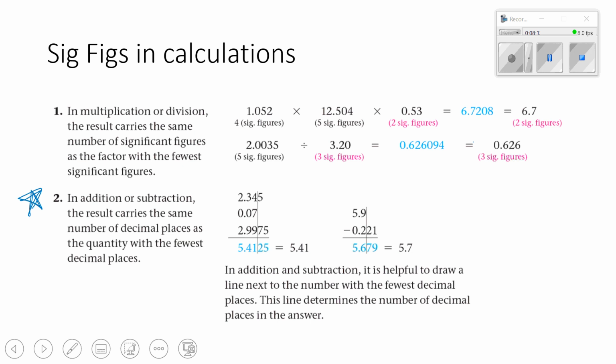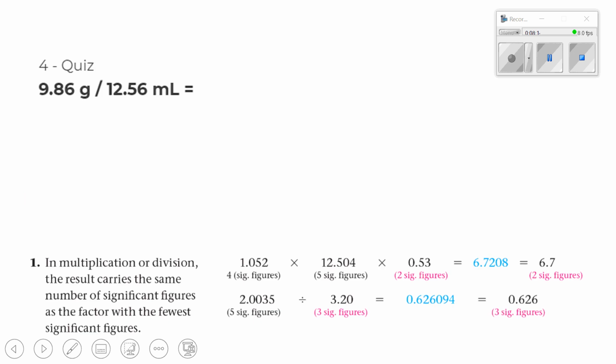So let's look at an example of that. Here is this right here. We're going to plug that into the calculator: 9.86 divided by 12.56. I forgot to have a calculator next to me, so let's just look at the number of sig figs. This one right here has 3 sig figs in it.